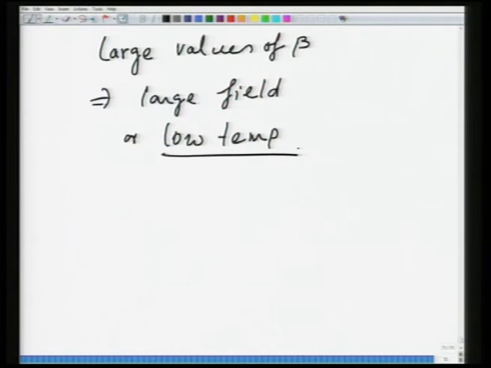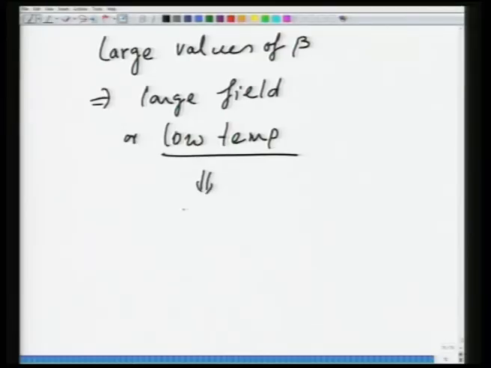The larger the field and the lower the temperature, this situation would tend to align all the dipoles in the direction of the applied field, because lower temperature means lower thermal vibrations, and as a result lower thermal randomization. So, the tendency to align in the direction of the applied field will increase, and if you have a large enough field to align all the dipoles, all the dipoles would align.